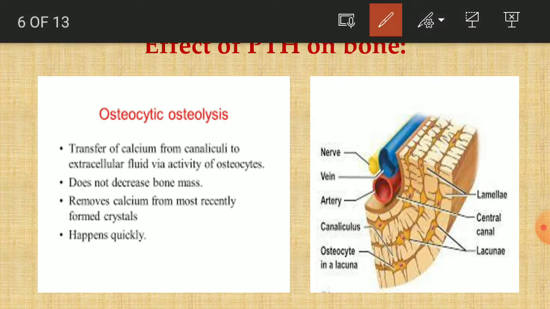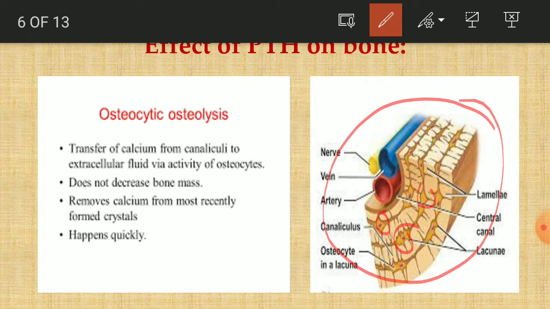You know, in the last class I described that in the Haversian system there remain osteocytes buried within the osteoid tissue, which is mineralized, and these confined osteocytes get connected with the surface osteoblasts as well as blood vessels of the central canal through an extensive canalicular system, and this canalicular system contains nutrition as well as newly laid calcium, which is not yet deposited as crystals.